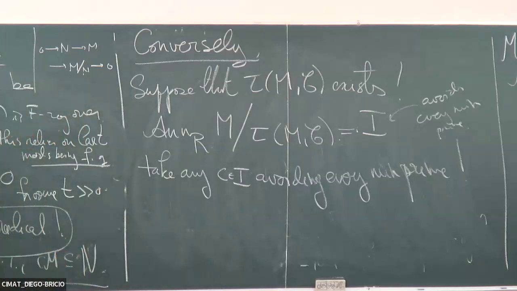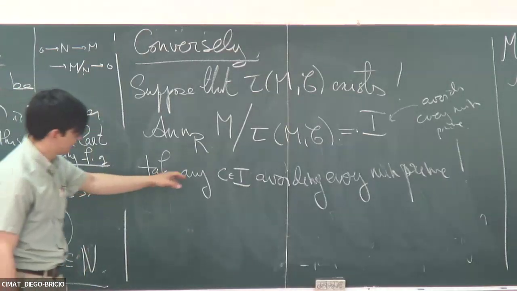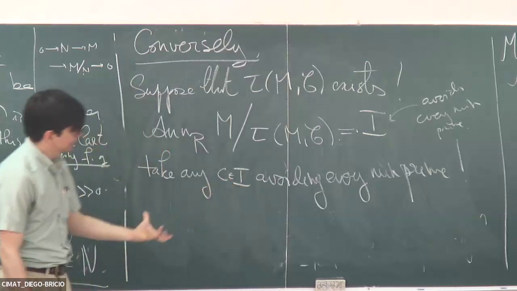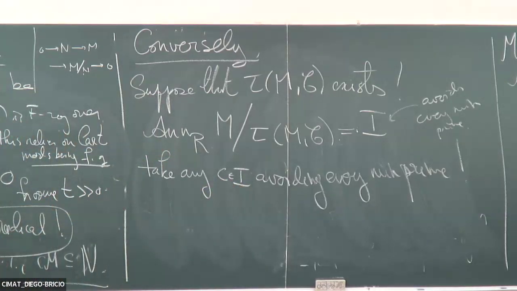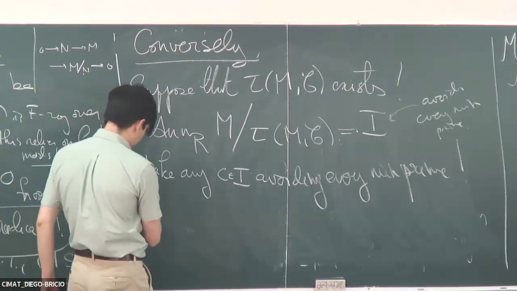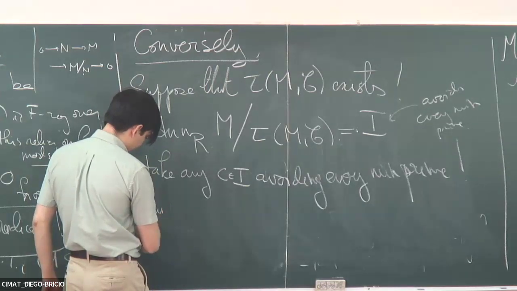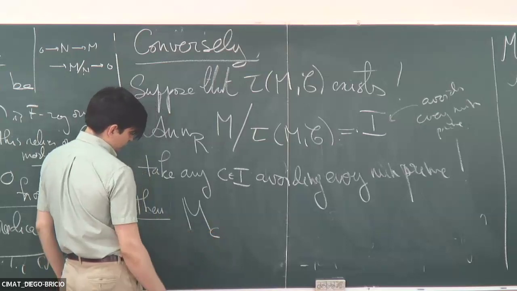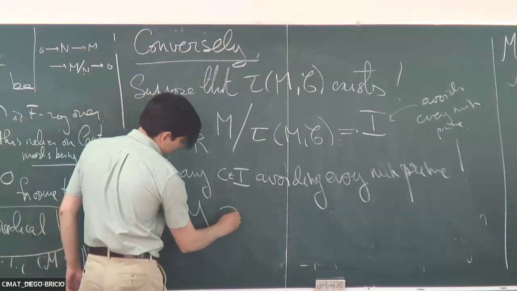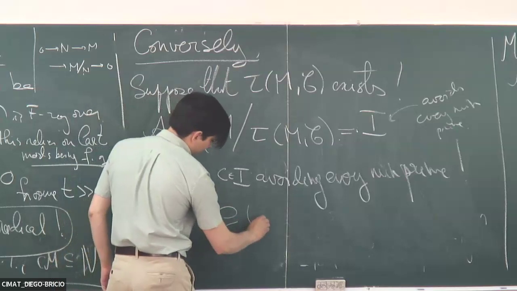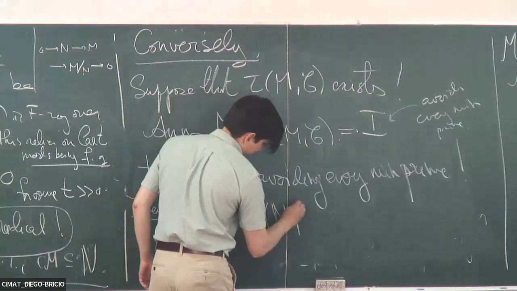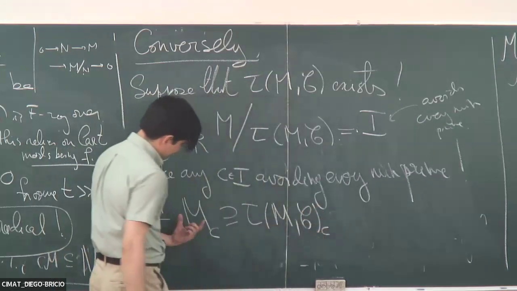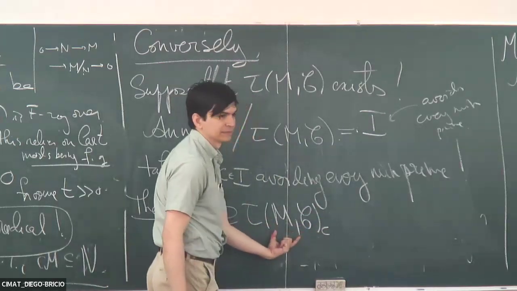Okay. But the second condition was that when I localize at C, then I get the regularity. But that also follows because, well, technically speaking, this inclusion here is trivial, right? And it's inside there.